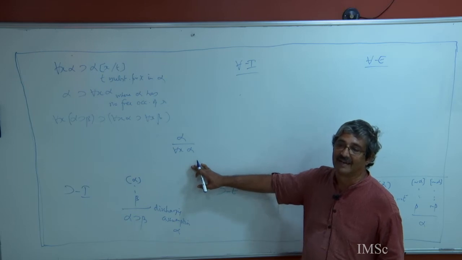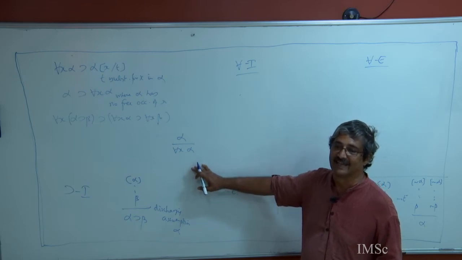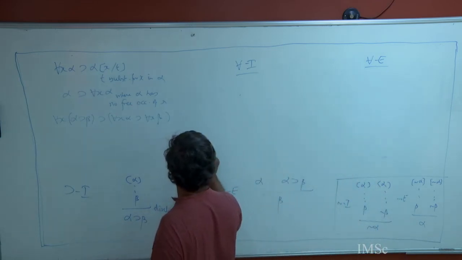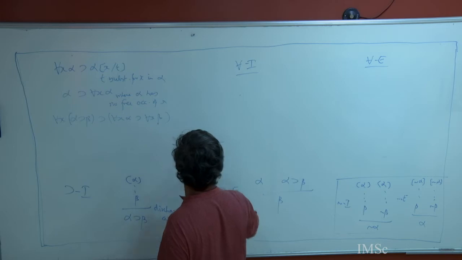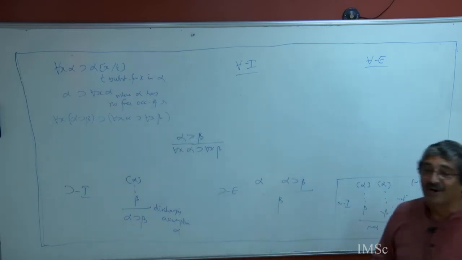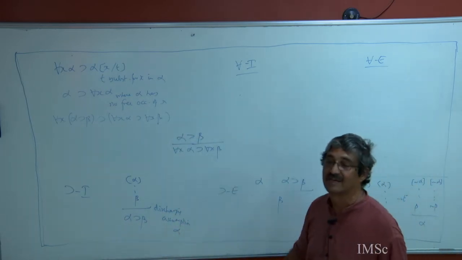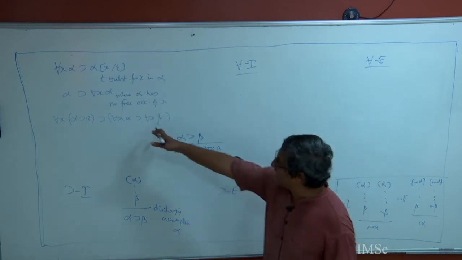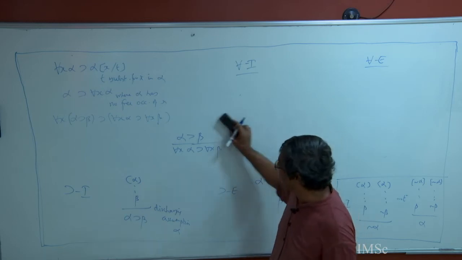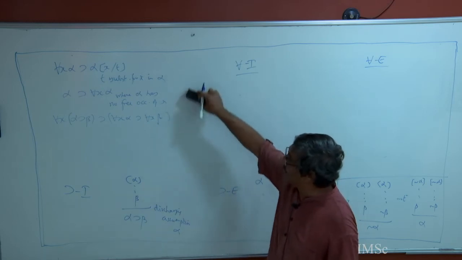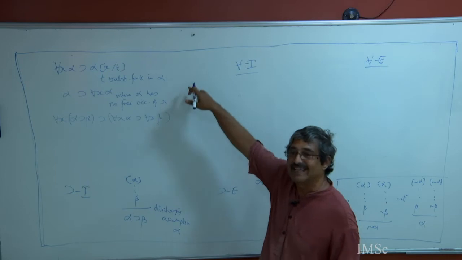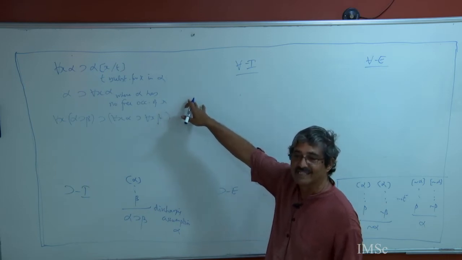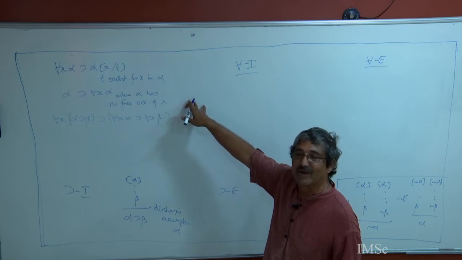Therefore you can also have rules like this. In fact, this is a weaker rule and it's very interesting to use this rule instead of generalization. And this axiom is capturing precisely that. But this is where all the work is being done, and this is basically a case of for all introduction and for all elimination. That's what is going on.